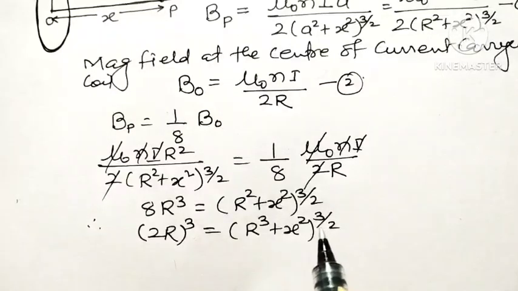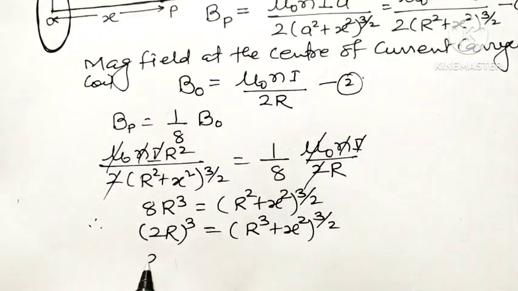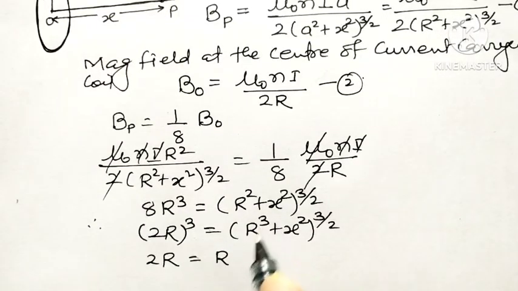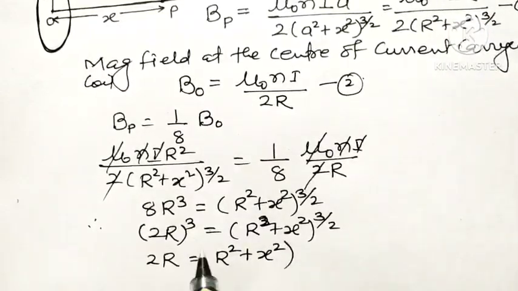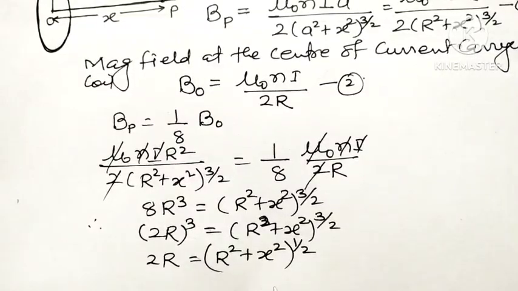Now taking cube root on both sides, we get 2r is equal to (r square plus x square) raised to power 1 by 2.